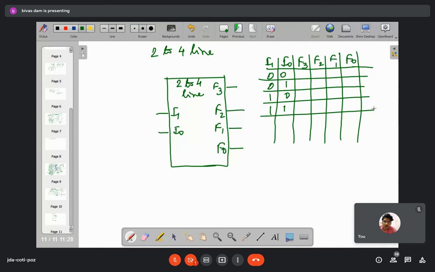So tell me what will be the output for the 0 0 input combination? 0 0 0 1. Then 0 0 1 0. Then 0 1 0 0. 1 0 0 0. So what will be the expression for F3?